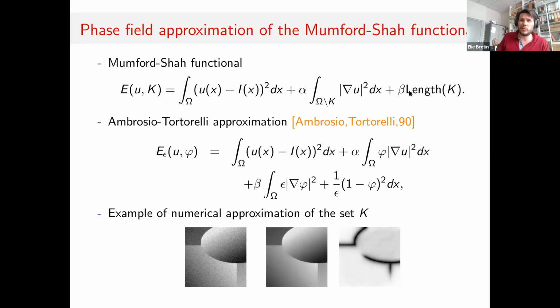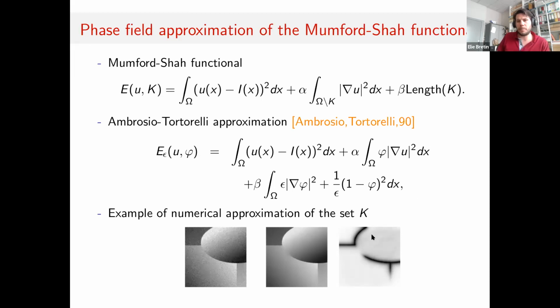in the sense that we don't approximate the length of K by the Cahn-Hilliard energy, but we introduce the Ambrosio-Tortorelli approximation, where we simply replace the double well potential by a potential with only one well, in 1.